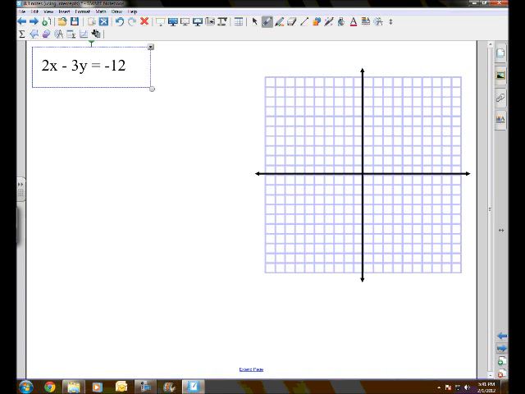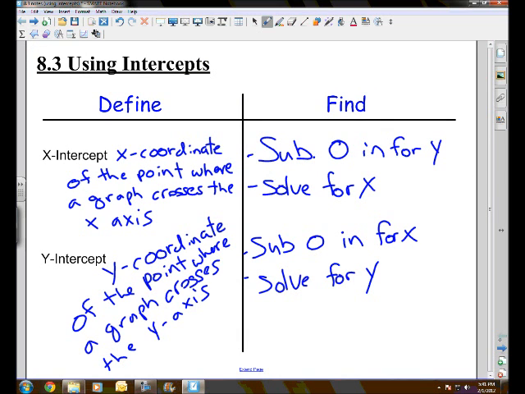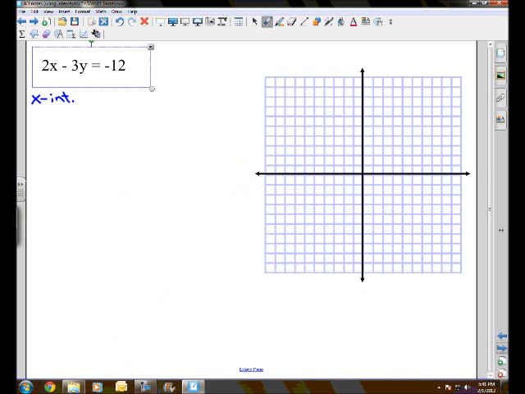Let's first look at our x-intercept. All right, from our last slide, our rule said, let's back up and take a look. We're going to substitute 0 in for y and solve for x. This guy here. All right, so let's try it out. Substitute 0 in for y, we get 2x minus 3, that's a 0, equals negative 12.